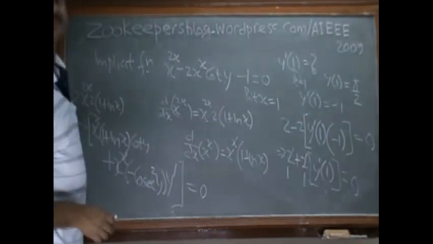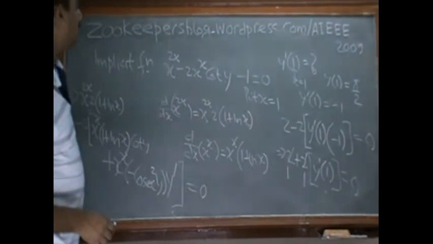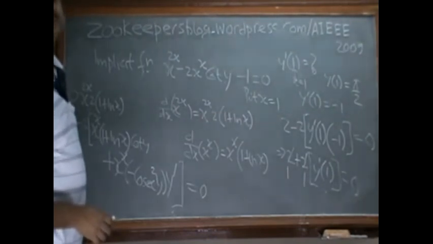Then you take x to the power x, the common x to the power x, to the other side. That will be 1 by x to the power x in the RHS. Then it will be x to the power x minus 2 cot y in the LHS. Take the x to the power x in the LHS to the RHS.